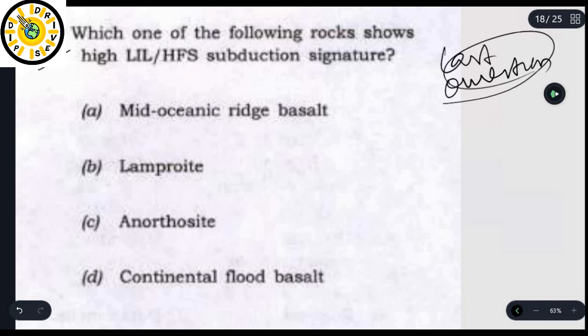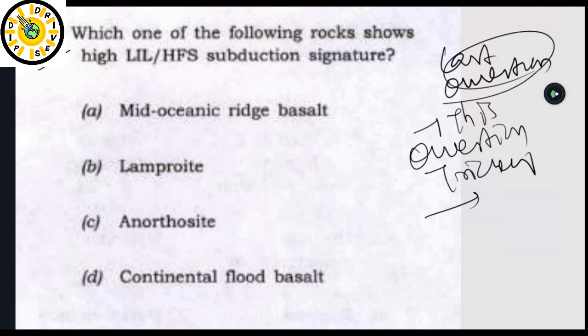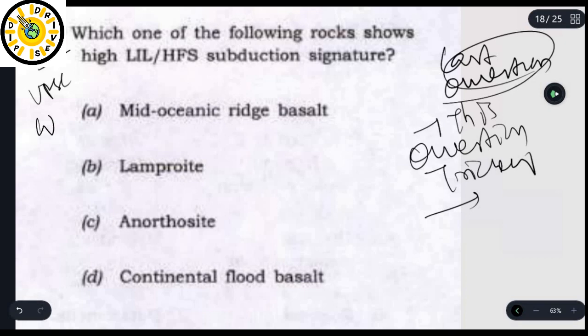See, this question is slightly tricky. Don't attempt this type of question, because this is not from igneous petrology alone, it is the correlation between geochemical interpretation and igneous petrology. UPSC-GSI asks in a broader syllabus.